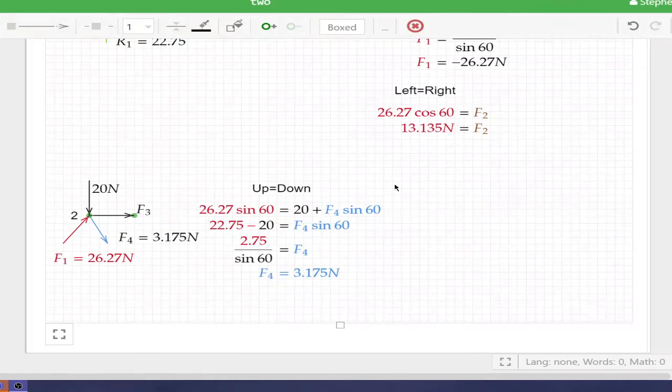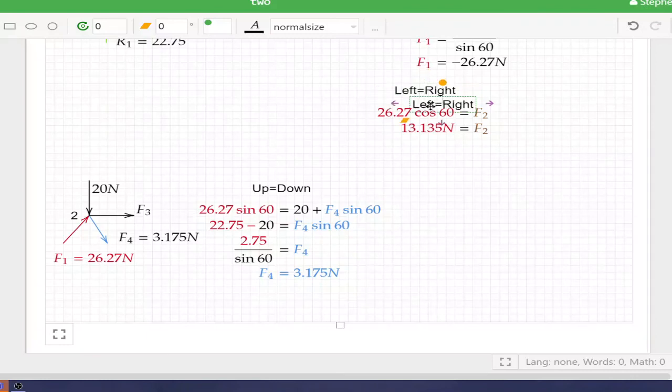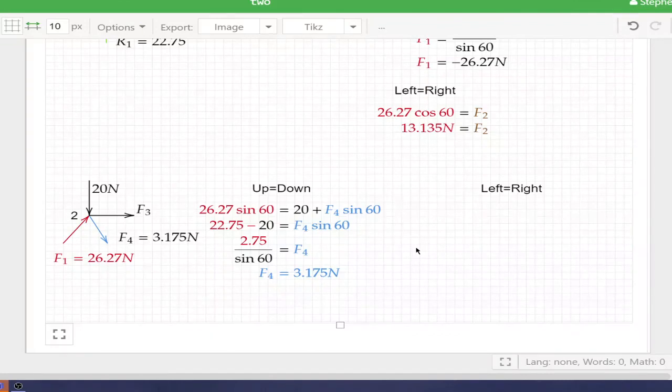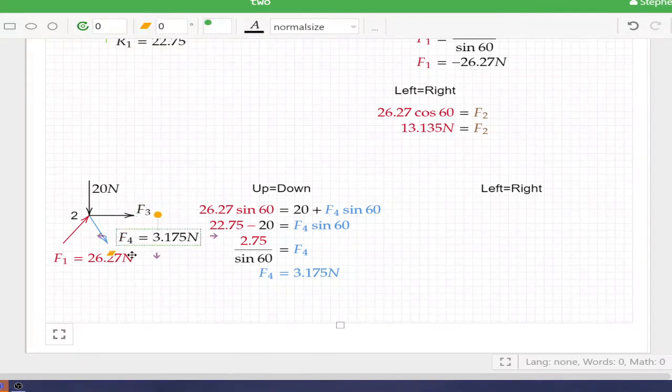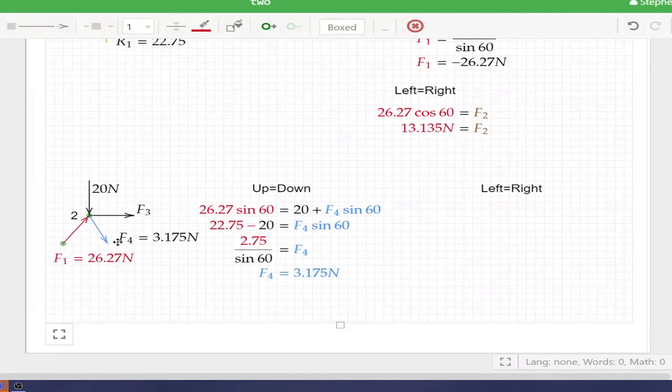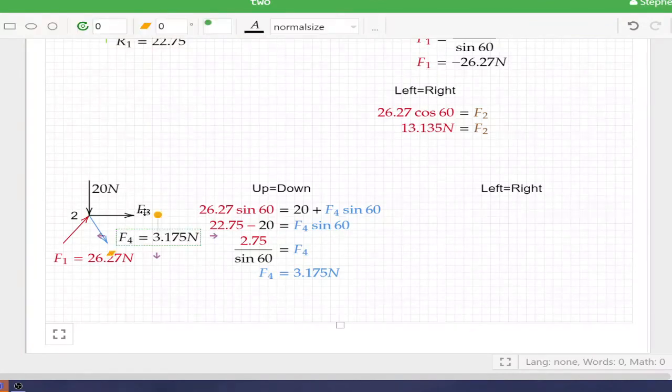And so finally we can say left equals right. And so going left, we don't have anything going left, so that's a big fat 0. And then going right, we have F3, F4, and F1. So that's potentially quite complicated, because it's the horizontal component of F1, horizontal component of F4, and F3.